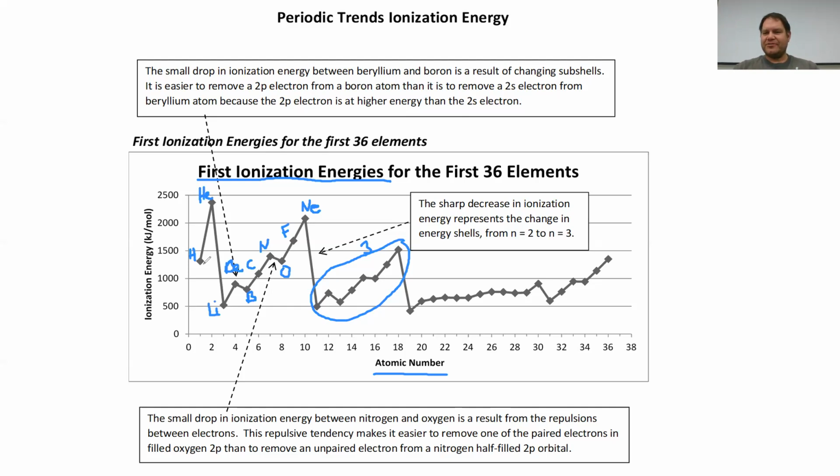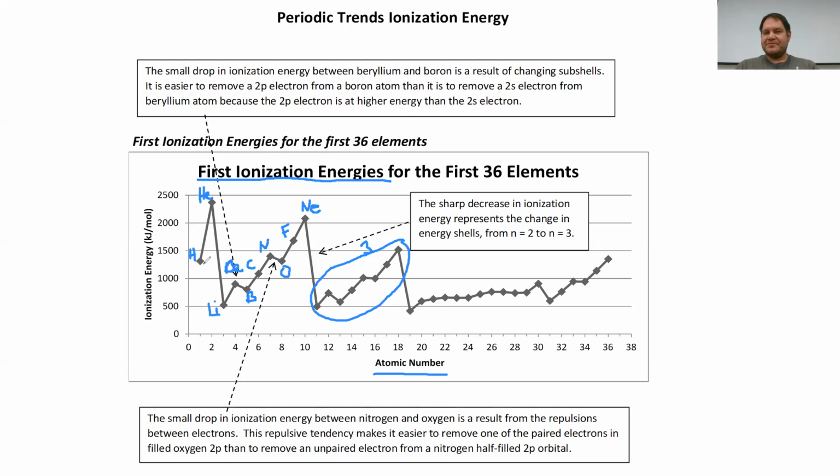So why is it getting harder and harder to remove an electron? Why is that energy increasing? Well, it goes back to Coulomb's law and to effective nuclear charge. Just like atomic radii, as we go across a period, left to right, the atom's size is decreasing. And why is it decreasing? Because we're adding more protons to the nucleus, and the effective nuclear charge is increasing.